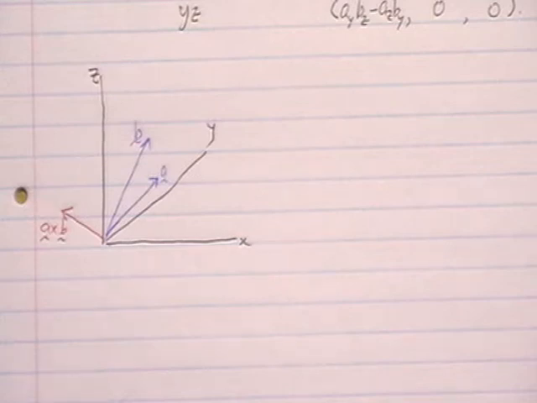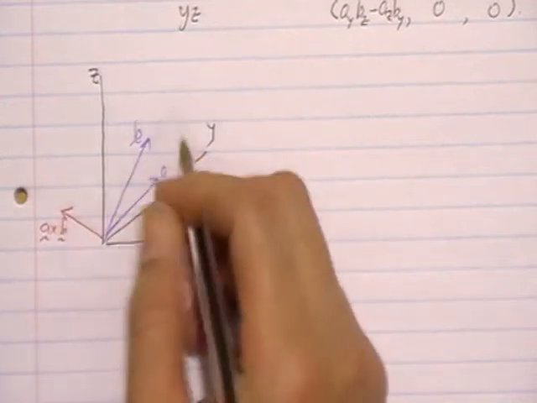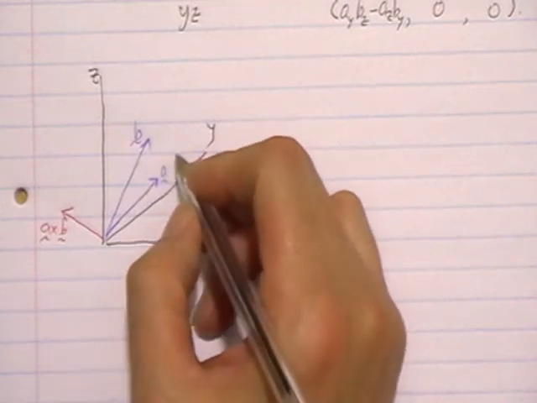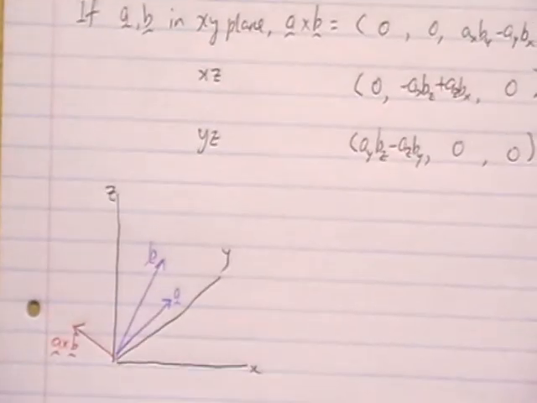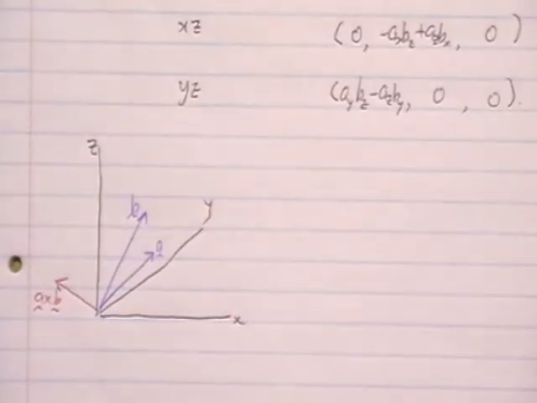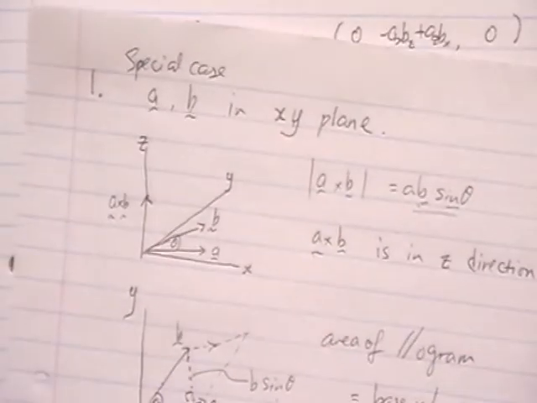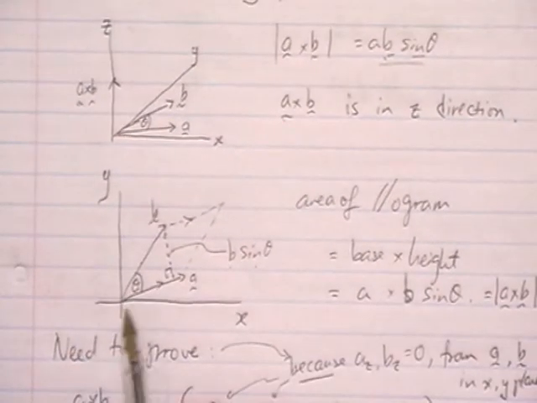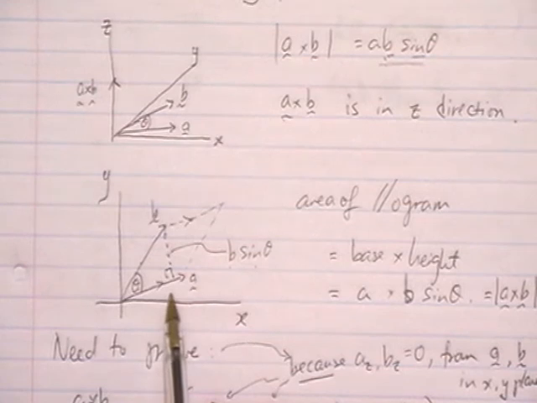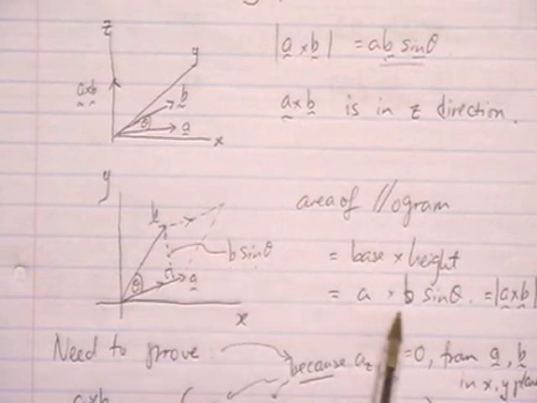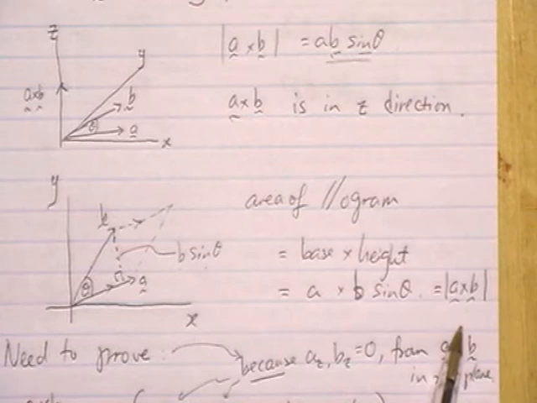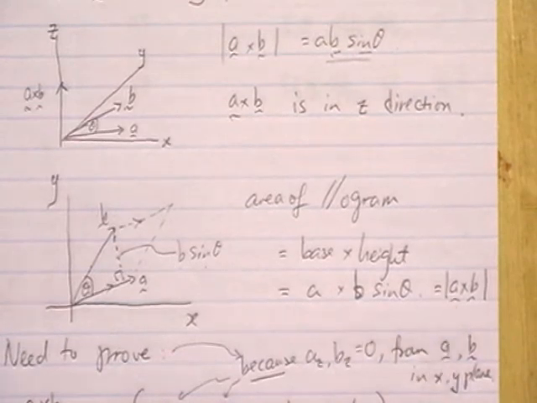The way to do that is to think about the corresponding area that is formed by the sides A and B. Now, in the first part of this proof, I have described how when A and B are in the xy plane, the parallelogram area is actually equal to the magnitude of the cross product.